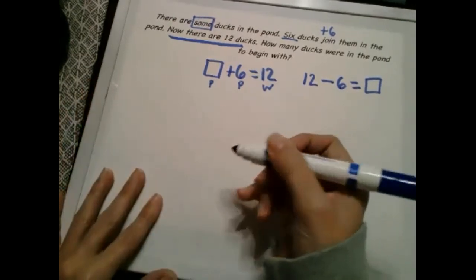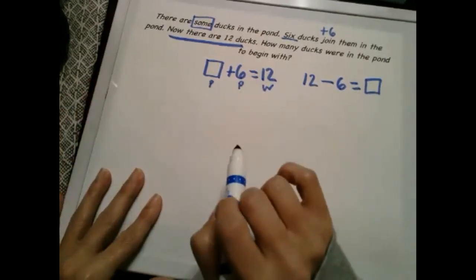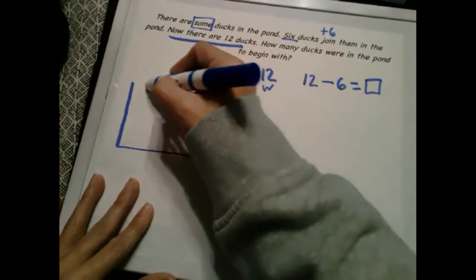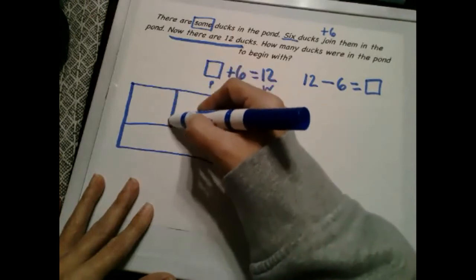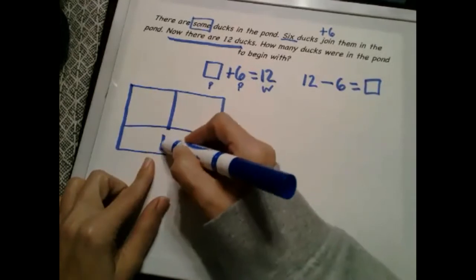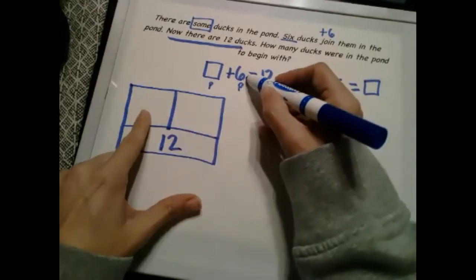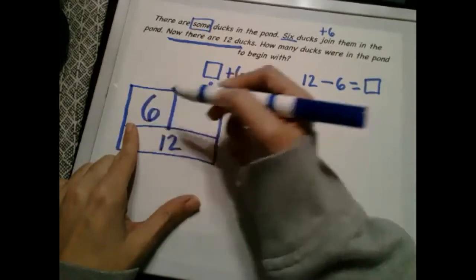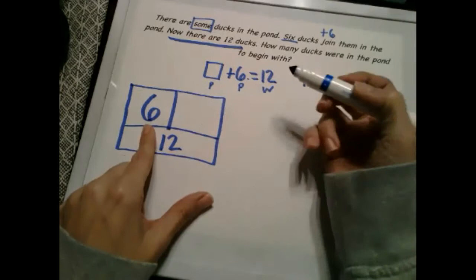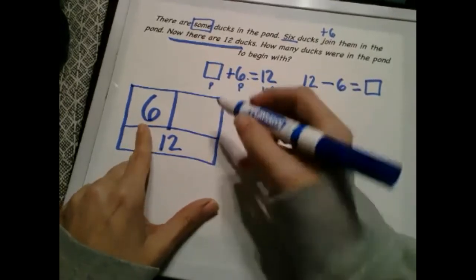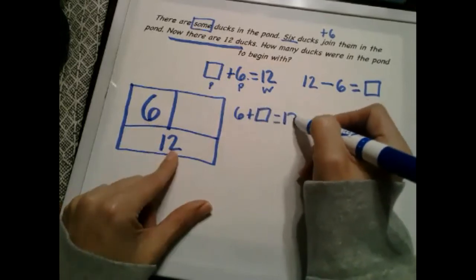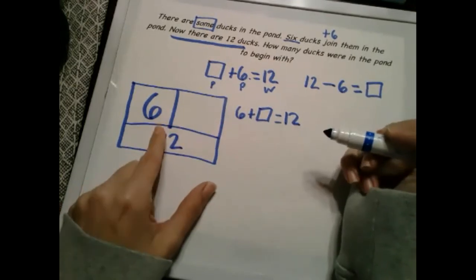I saw some think about their part-whole relationship. I saw some use a part-whole. We know our whole is 12. We know our first part is 6. What we need to know is our other part. We can put our parts together. 6 plus something equals 12. Let's see how that would work.